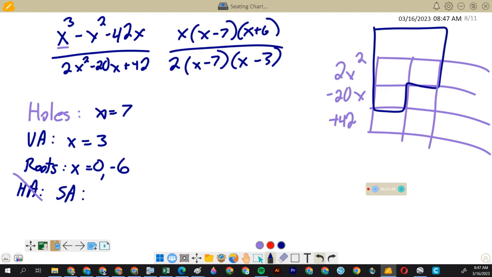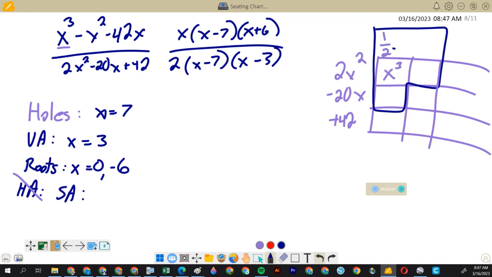So we put in x to the third, and this is going to be a little weird. What times 2x squared is x to the third? Some number times 2x squared is x to the third. It's going to be x over 2, or 1/2 x.